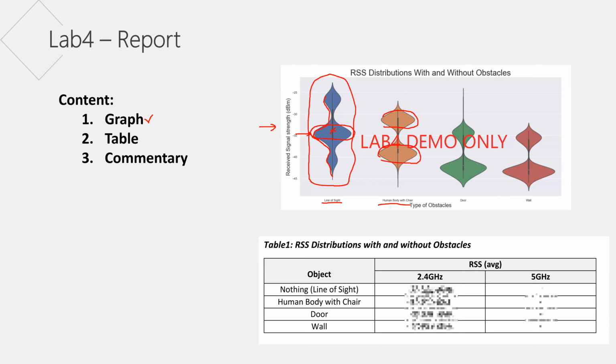Do you have any questions? Can an obstacle block a specified frequency signal much better than other frequencies? Can an obstacle block a specified frequency? Yes. You can observe by yourself.